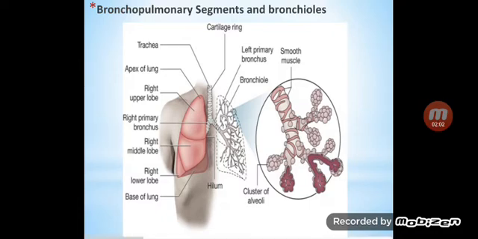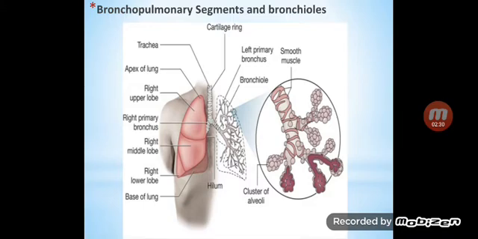So these secondary bronchi, when they enter more into the lobes of the lung, will undergo further divisions. The primary will be divided into secondary bronchi, divided more to give the segmental or the tertiary bronchus.